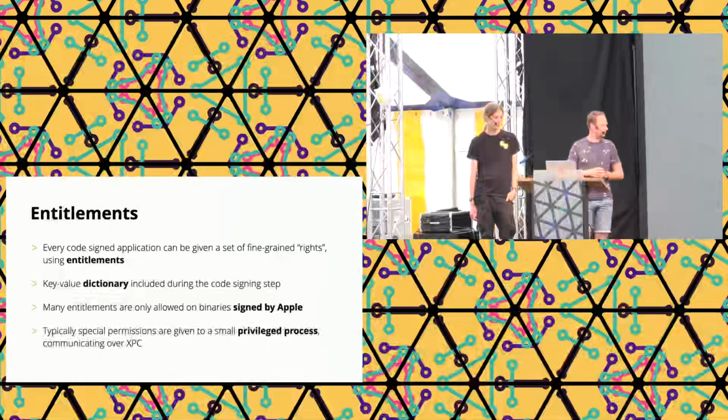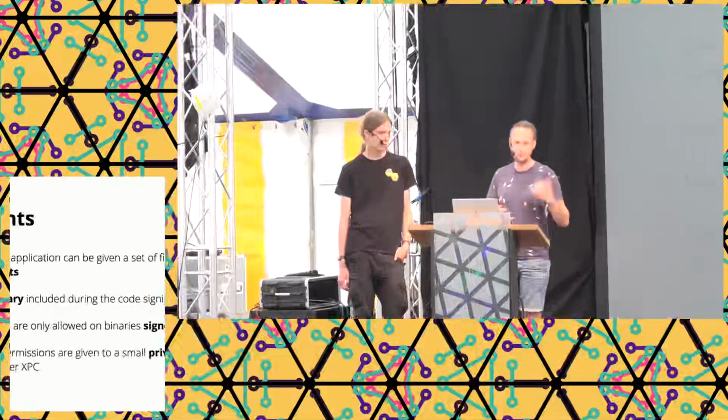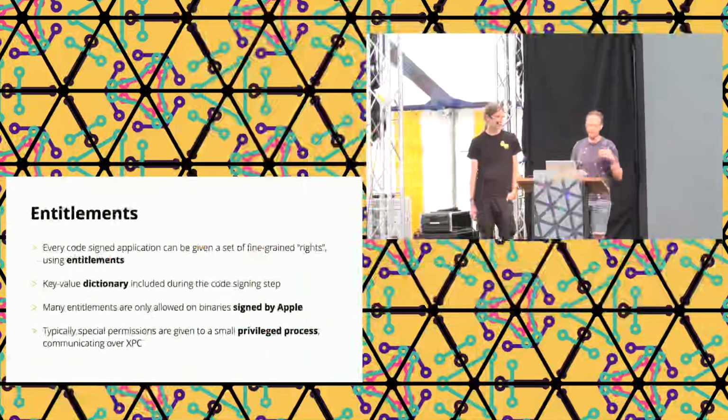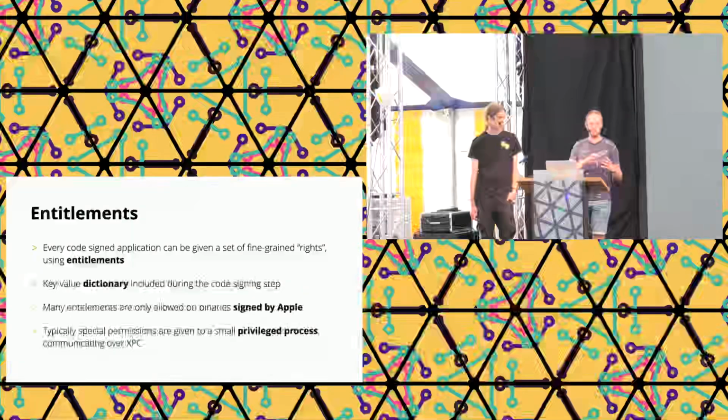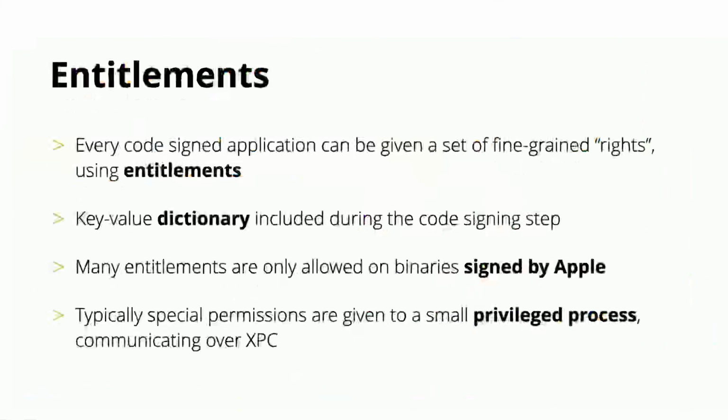So typically what will happen if you need special permission for a part of the operating system, then they give that permission to a very small service, and it communicates over XPC. So the larger binary doesn't actually have the entitlements to do the important stuff in the operating system. It's just handled by a very small daemon to make the attack surface smaller.